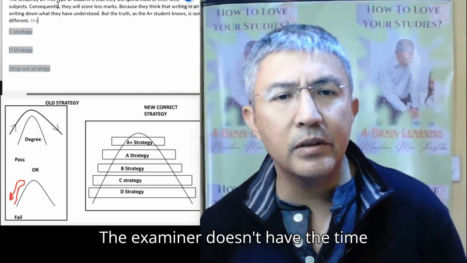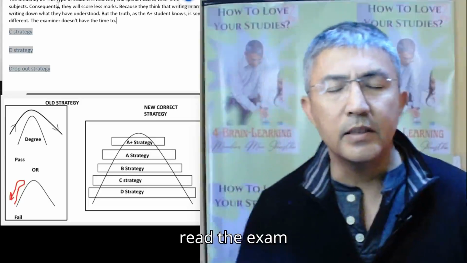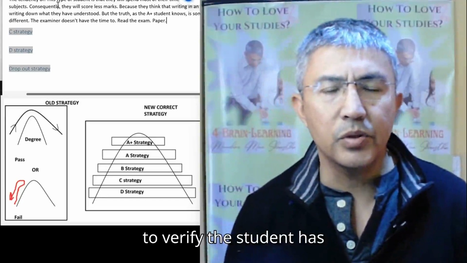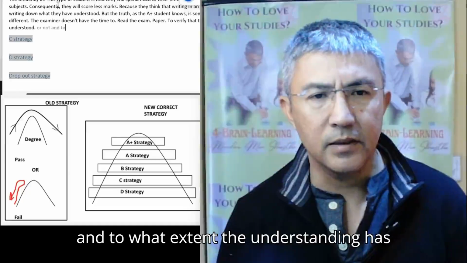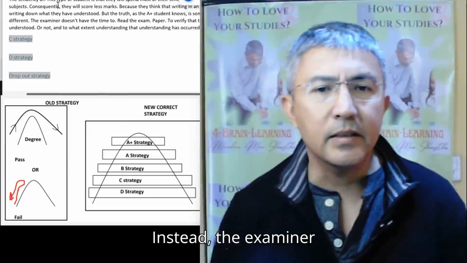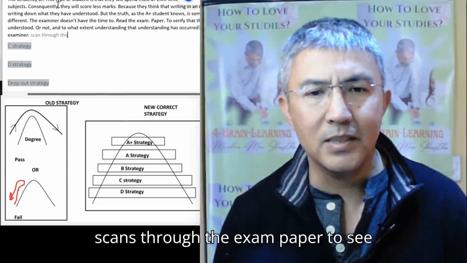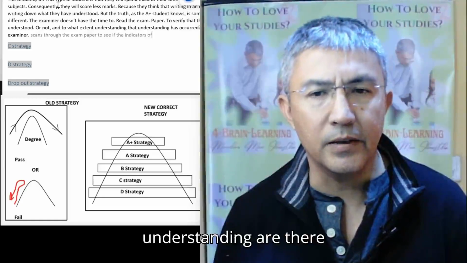The examiner doesn't have the time to read the exam paper to verify the student has understood or not and to what extent the understanding has occurred. Instead, the examiner scans through the exam paper to see if the indicators of understanding are there.